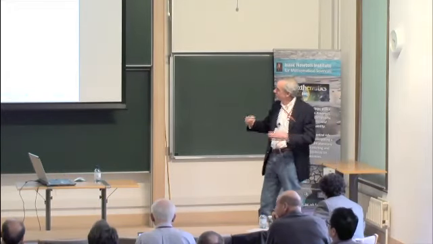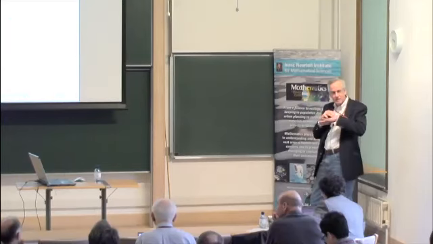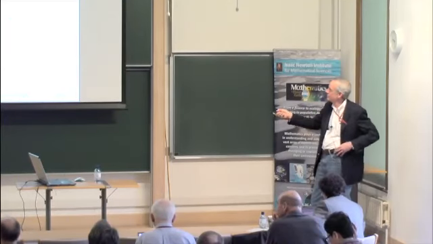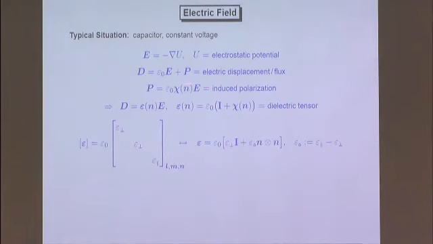And these materials are anisotropic. They're usually more polarizable along one direction than along transverse directions. So the relationship between the induced polarization and the electric field is a tensorial relationship. And if you combine these, you end up with the displacement, the electric flux, having a tensorial relationship to the electric field. This tensor is known as the dielectric tensor, and it depends upon the local orientation of the nematic director.